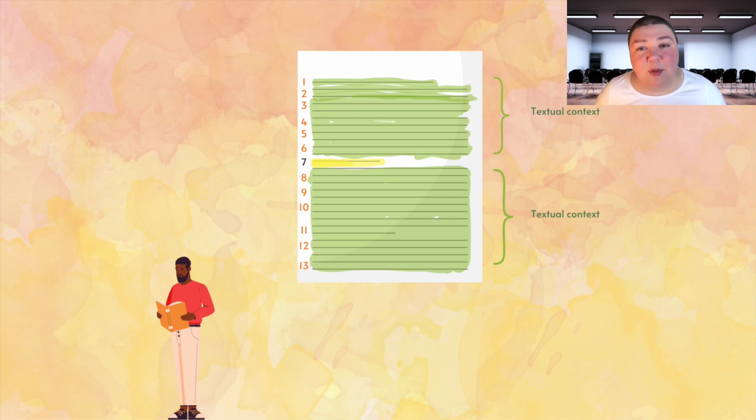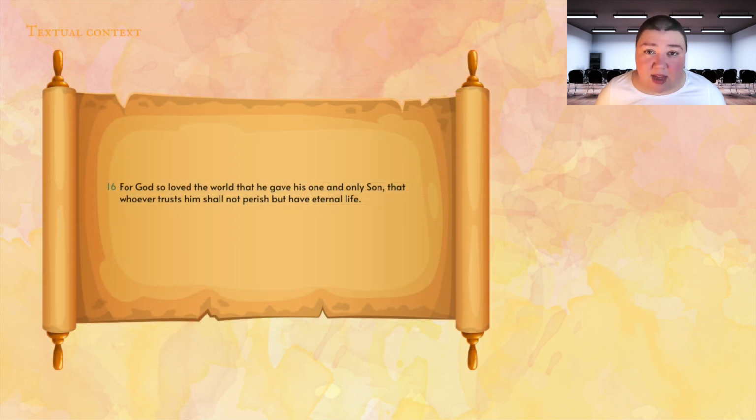Let's take an example of perhaps the most famous Bible verse, John 3:16. We know this as, "For God so loved the world that he gave his one and only Son, that whoever trusts him shall not perish, but have eternal life." So that's our one verse, verse 16. What is the textual context of verse 16?